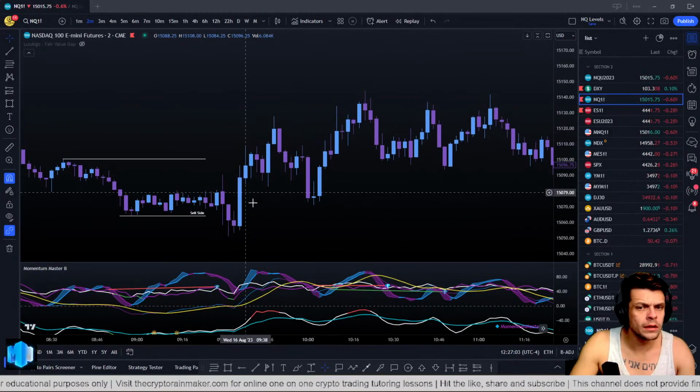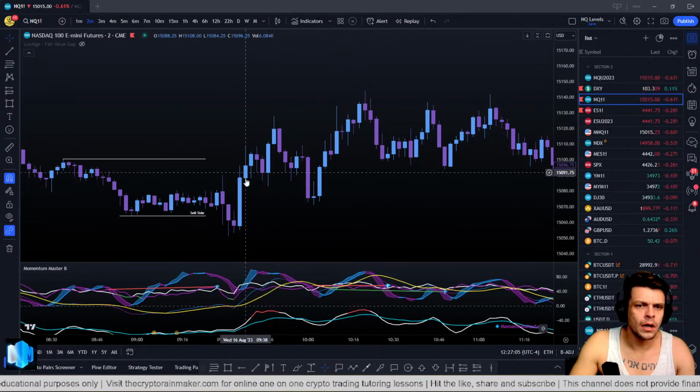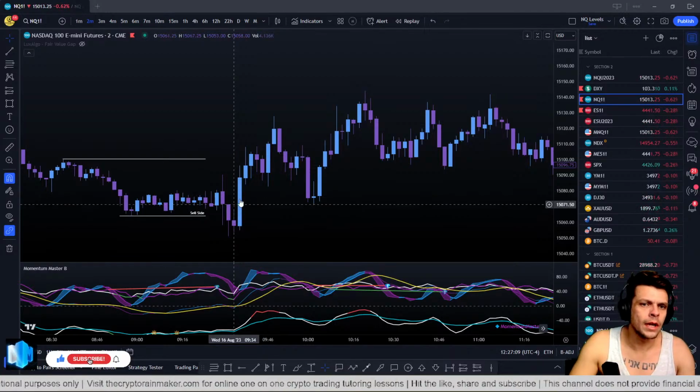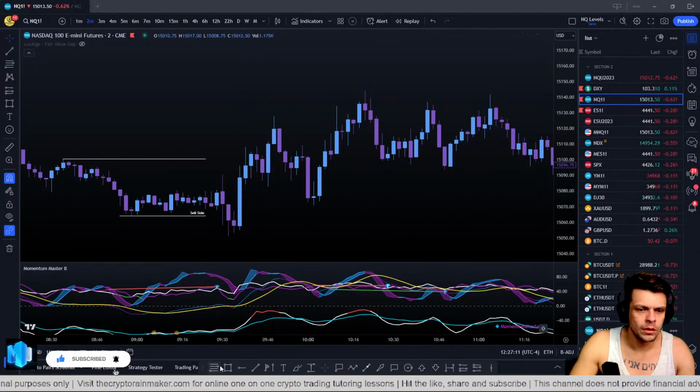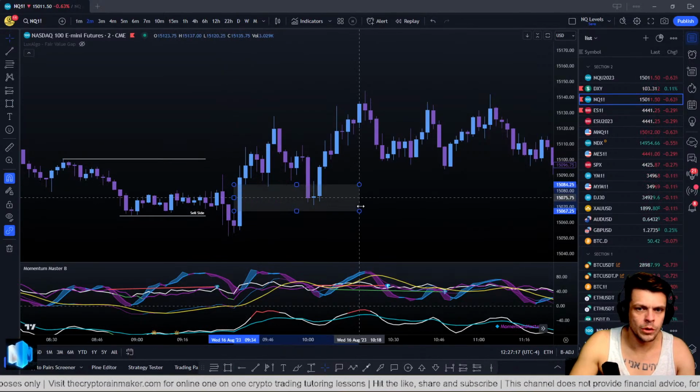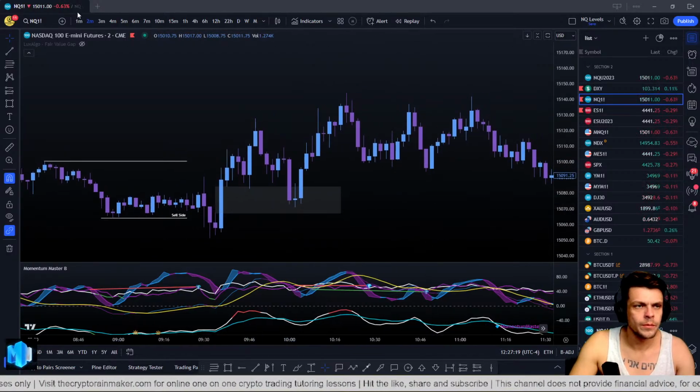Over here we had the displacement. A fair value gap is a 3-candle formation, and it's the area that was not traded through. For this 3-candle formation, the fair value gap was like that.